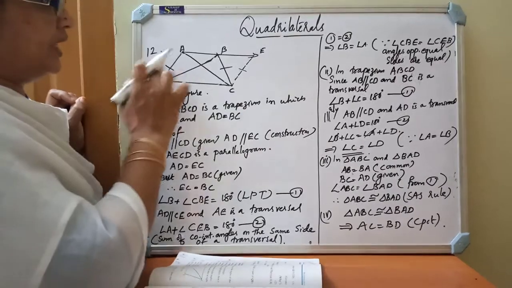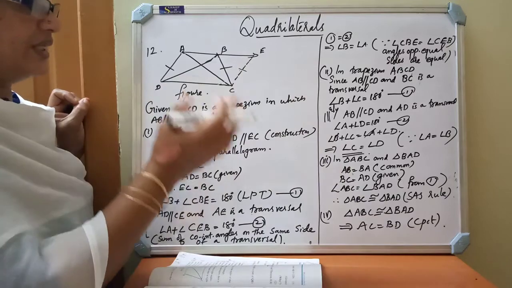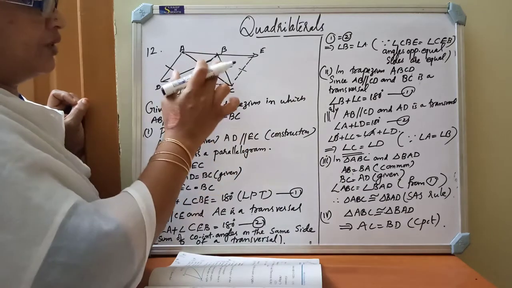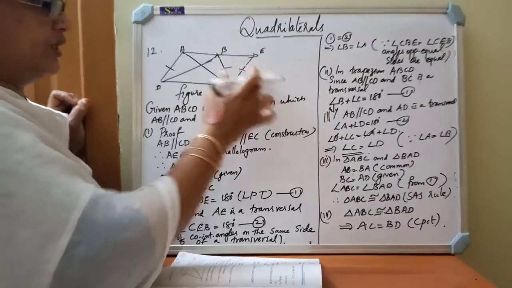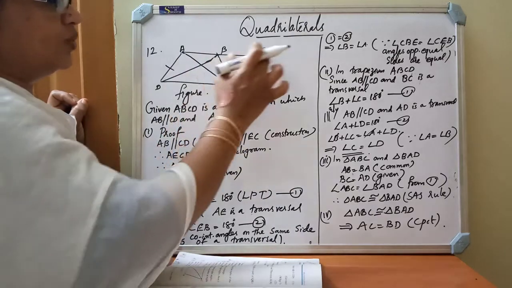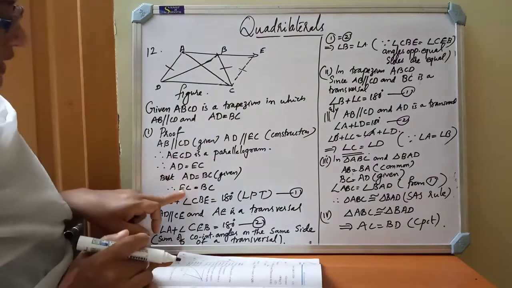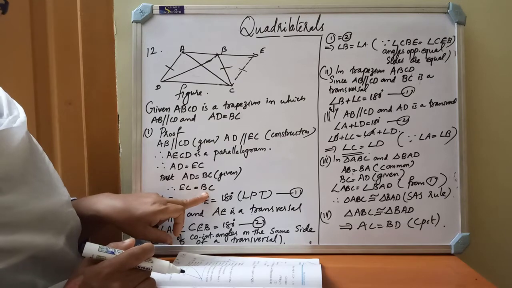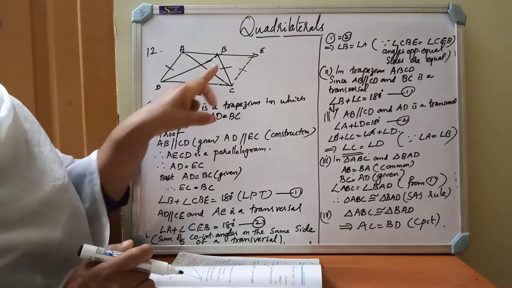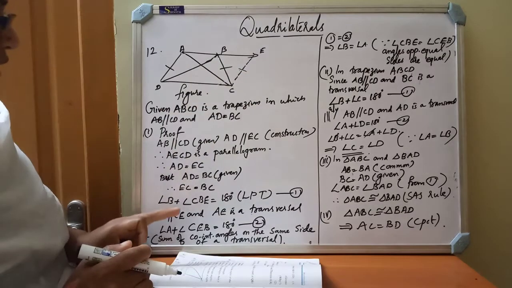Now we got AD equal to EC, so BC equal to EC. Understood clearly? So BC equal to EC we got.